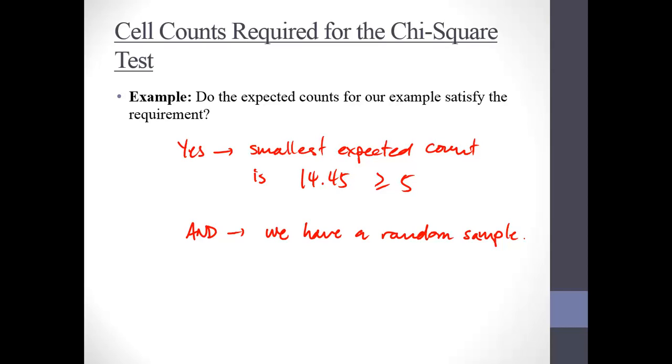Assume that this table is a random sample from all adults or something like that. So because our smallest expected count is bigger than 5, we're all set here.